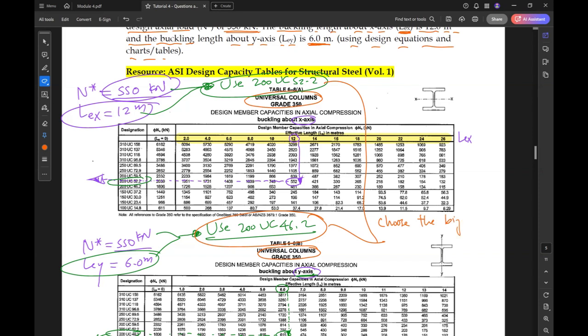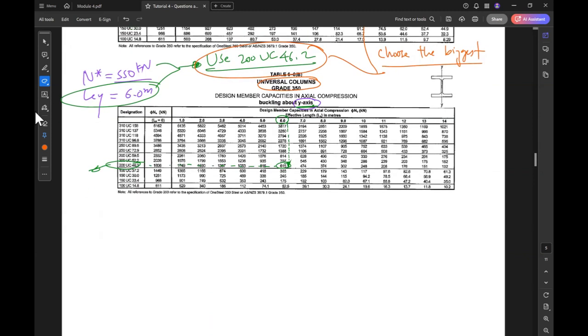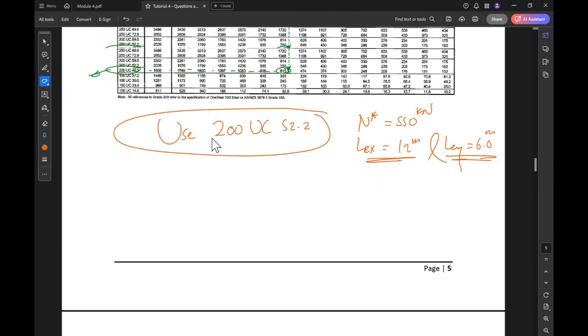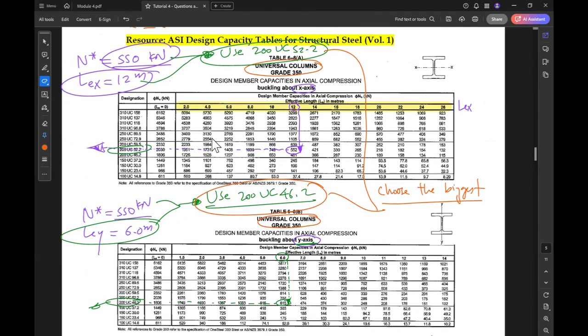So if we have this type of problem, the final section we use is 200 UC 52.2 to satisfy N star equal to 550 kilonewton, LEX equal to 12 meter, and LEY equal to 6 meter. This is how to design using the first, because it is the biggest one. This is how it works if we use the tables, okay?